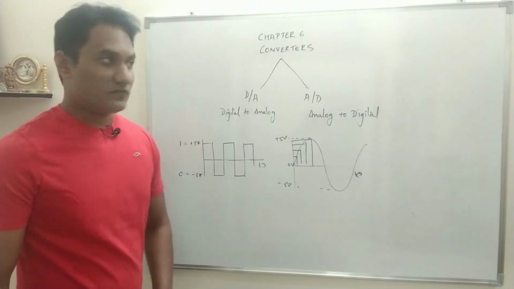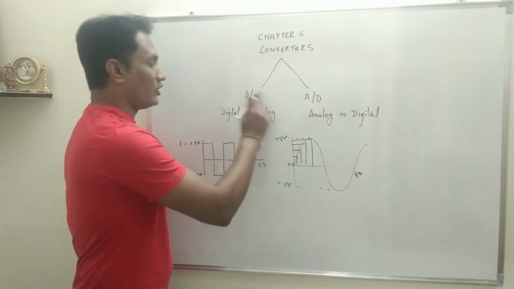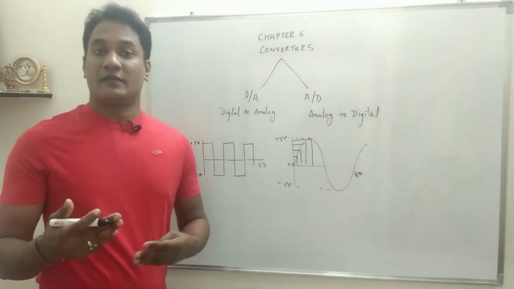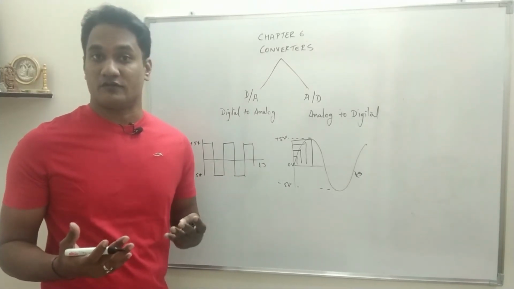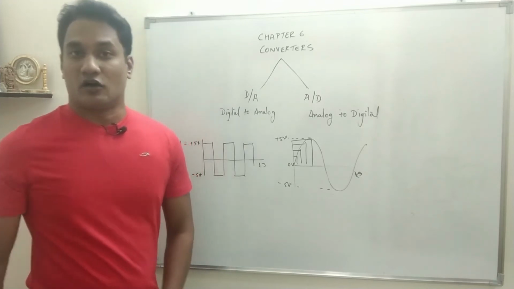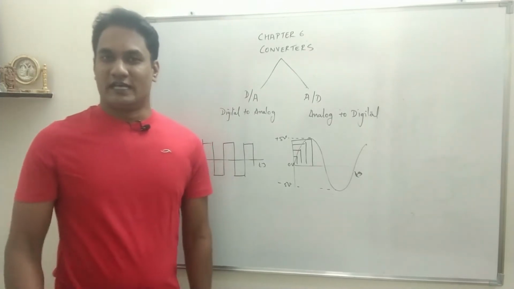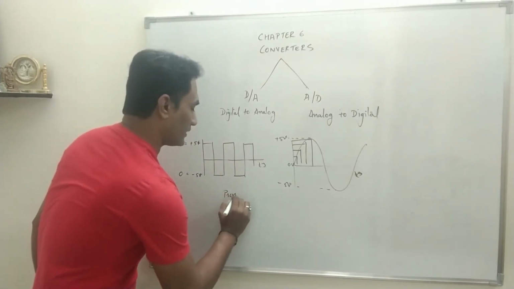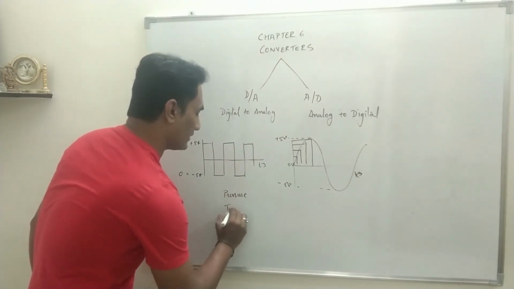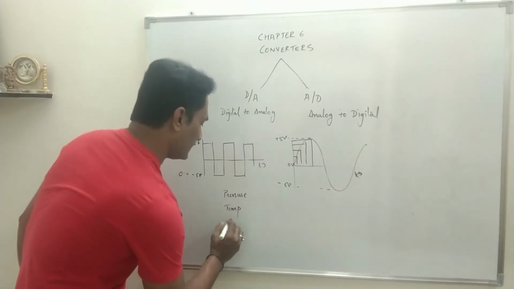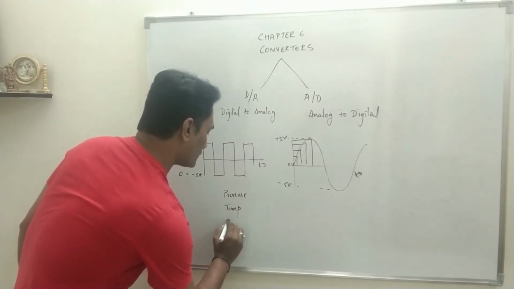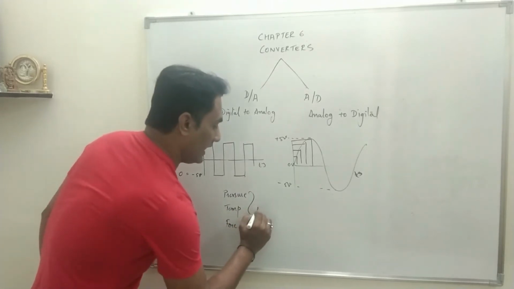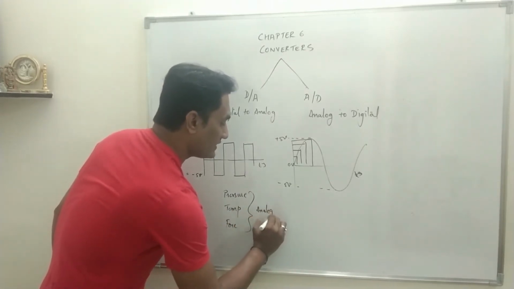Now where are you going to use this type of circuit, digital to analog or analog to digital? I'll give you a very good example. Say you are measuring pressure, temperature, or force. All these quantities are analog in nature. Why do I say analog in nature?